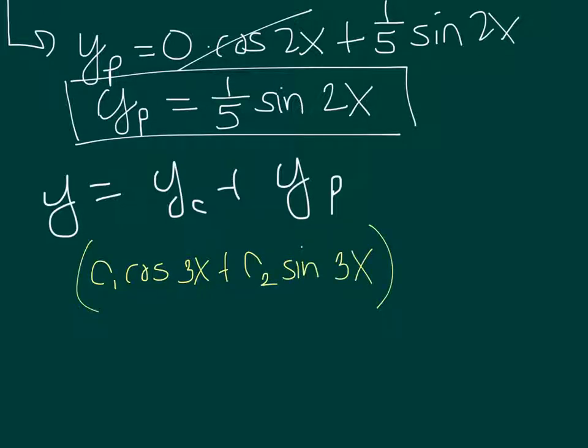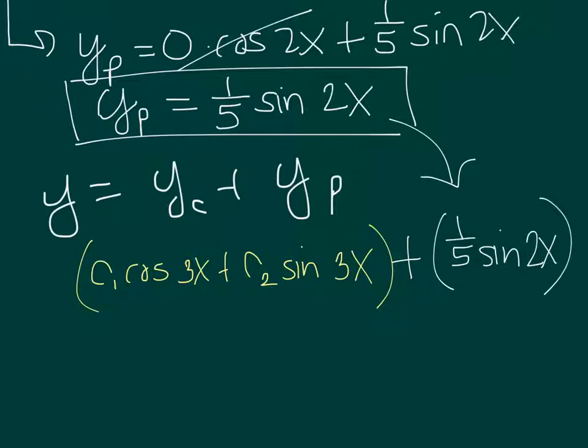And then, of course, I'm adding my yp that we just found. And here, note, we don't have a case of duplication, because here we have sine 2x, and here we have sine 3x, or cosine 3x. If this was a sine 3x, then we would have a case of duplication. But we have sine 2x.